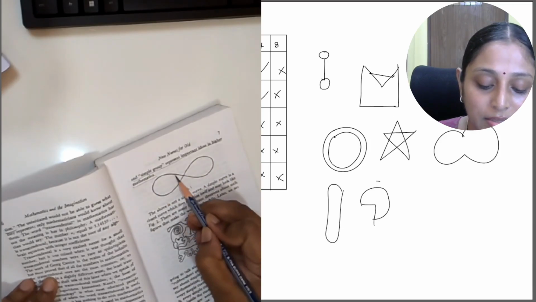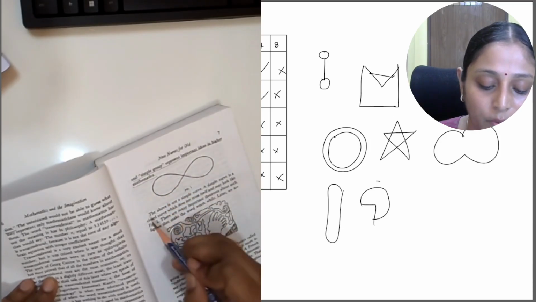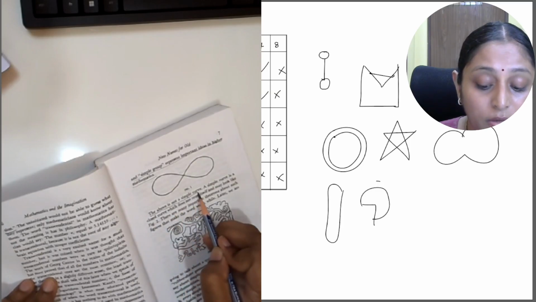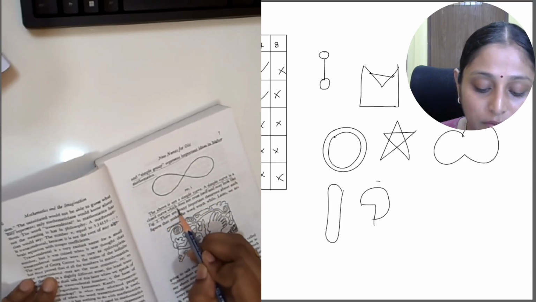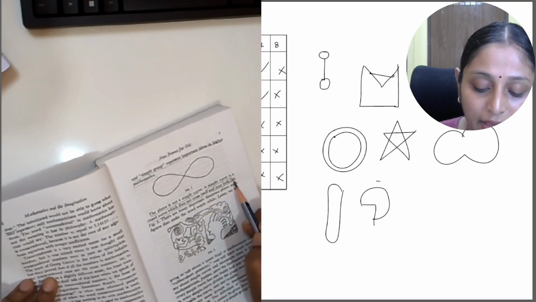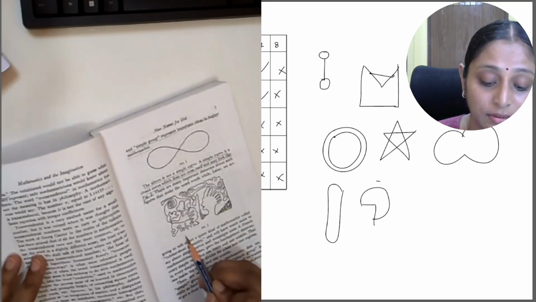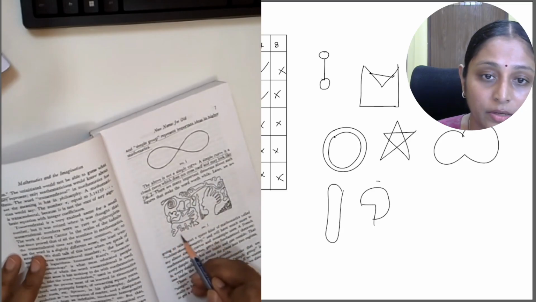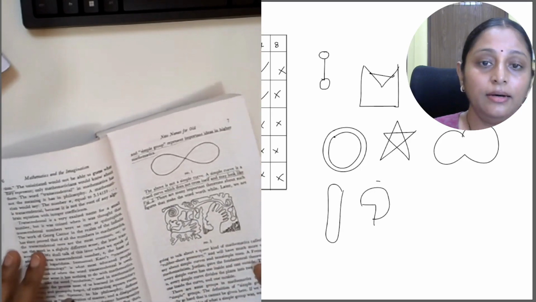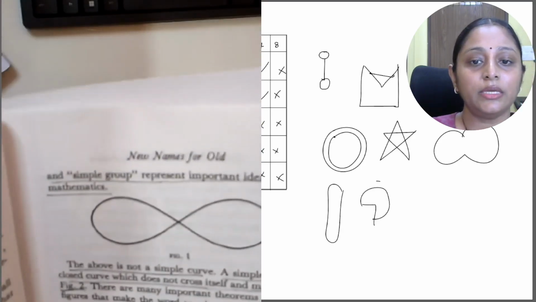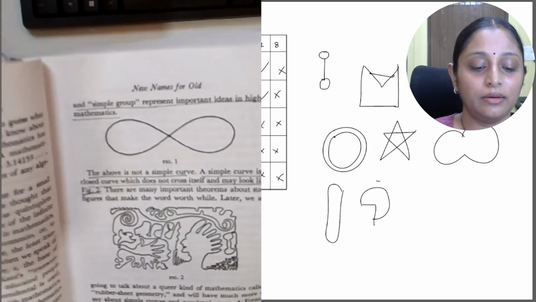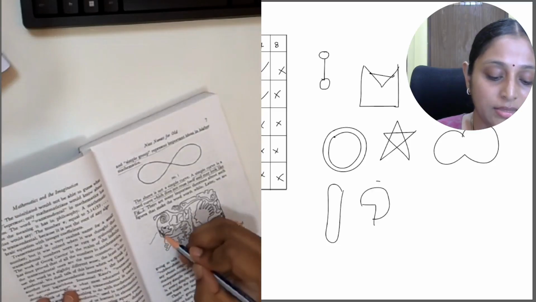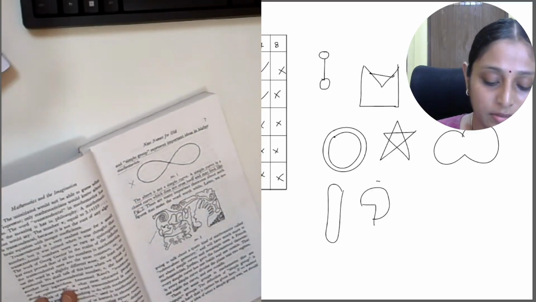As you can see here, the above is not a simple curve. A simple curve is a closed curve which does not cross itself and may look something like this. This figure over here is a simple curve, whereas this is not a simple curve.